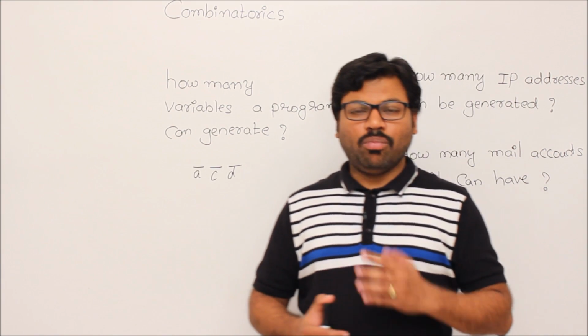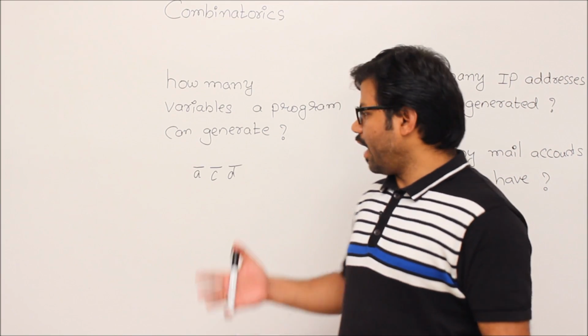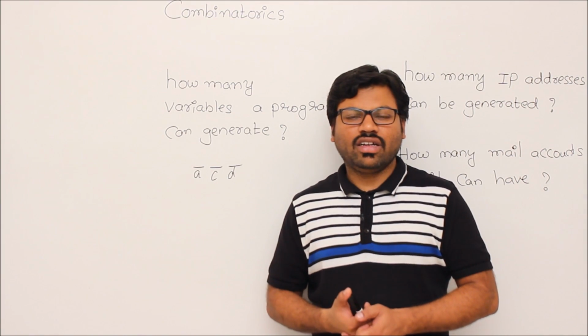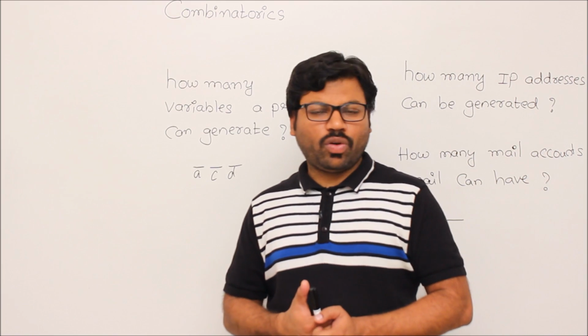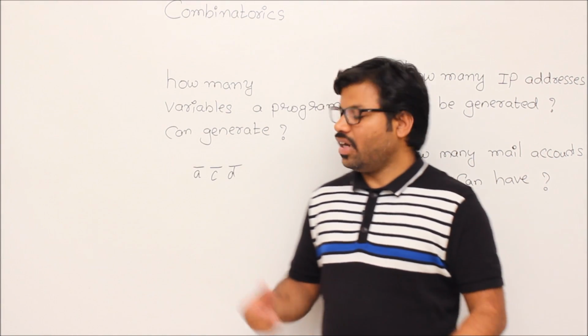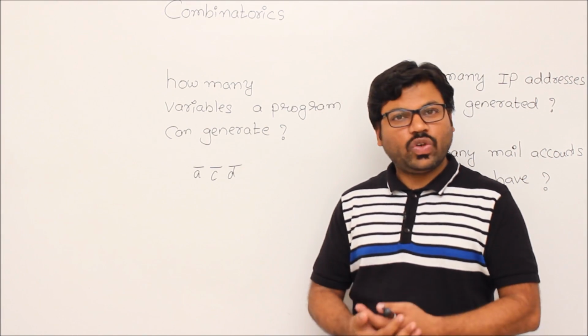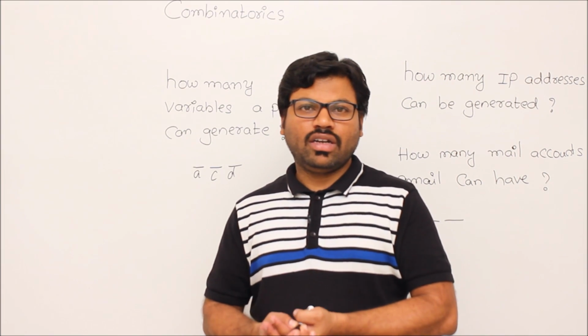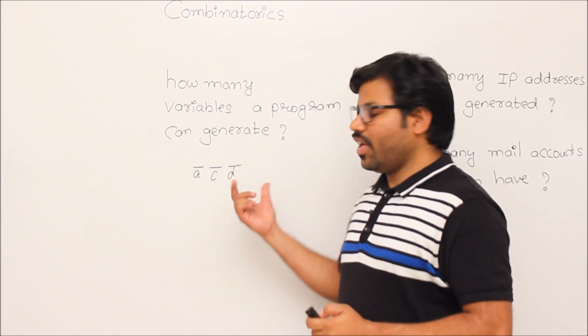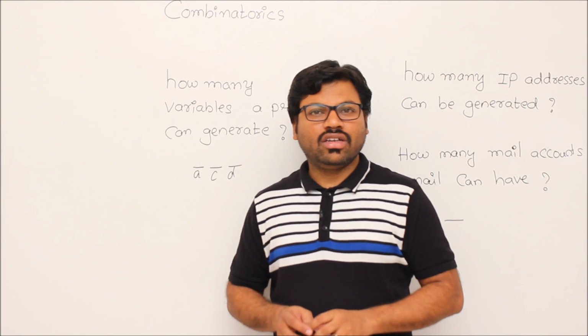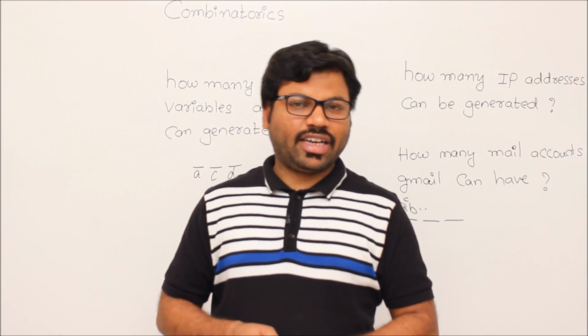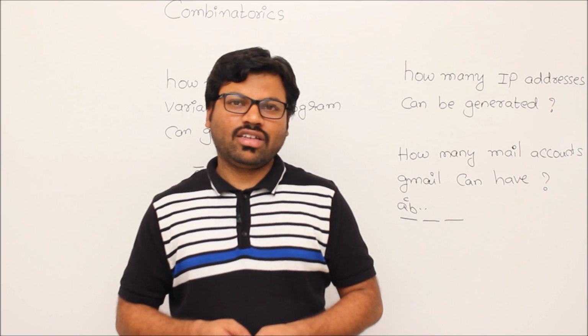For example, if you want more variables than what can actually be generated, you will be in trouble. You can't write the program, right? So one interesting question is how many variables we can actually generate in a program, decided by the structure of the variable. This problem also requires counting skills.